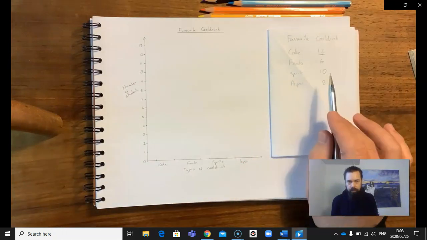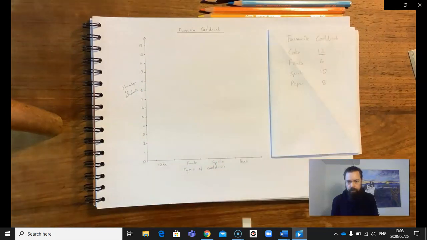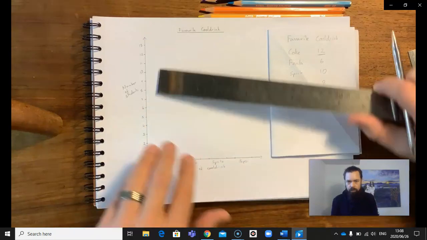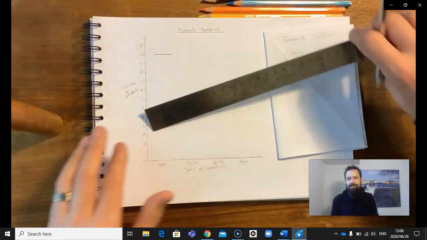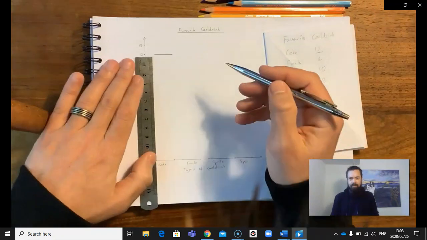Okay, so Coke was 12. So 12 is all the way up there. But because I want my columns to be straight, I had a 1 centimeter gap down here, so I'm going to make sure I have a 1 centimeter gap over there. Then I'm going to draw the top of my bar, which was 2 centimeters wide. Now that I've got that, I'm going to use my short ruler so it's less in the way.